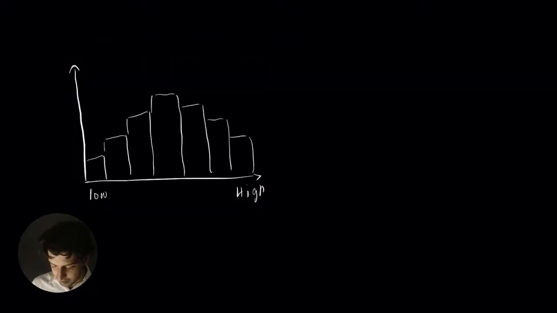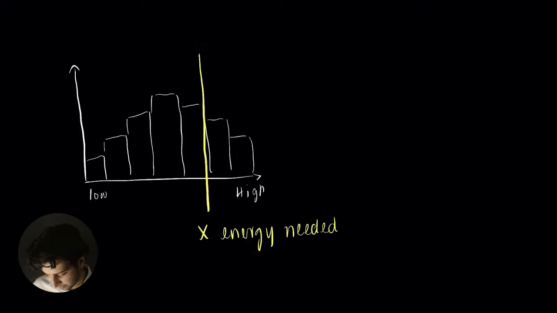Okay. So let's say there's an energy criteria. You have to have this much, X amount of energy, for a reaction to take place. This is the energy needed for the reaction to take place.